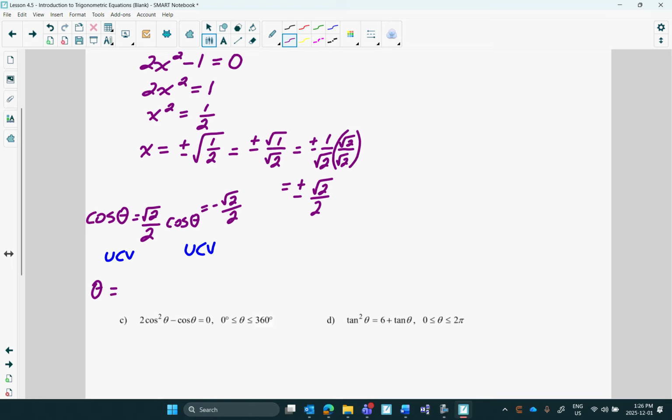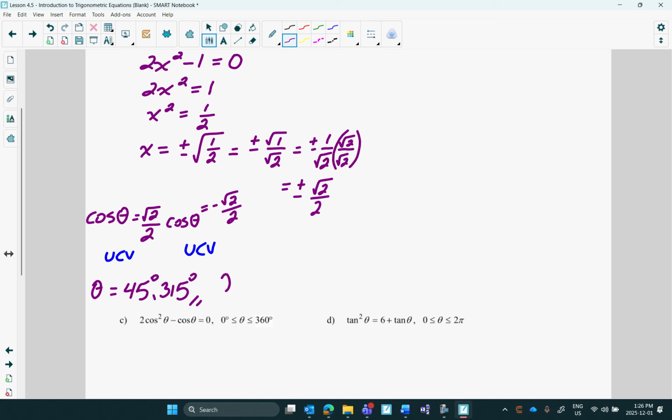So what values in degrees, remember, we're working in? What angles correspond to root 2 over 2 for the x coordinate? 45 and 315. So that answers this equation.